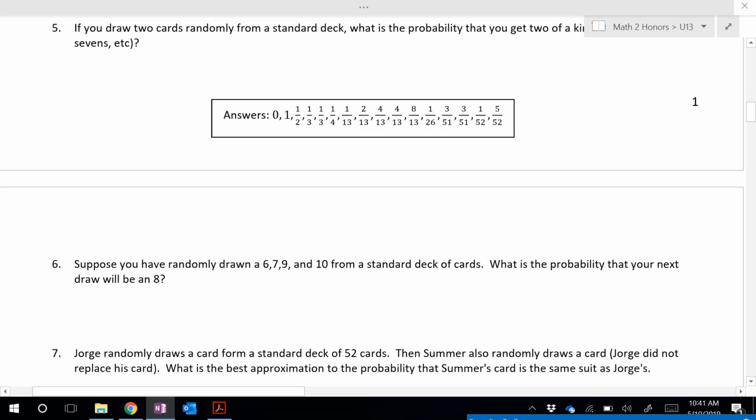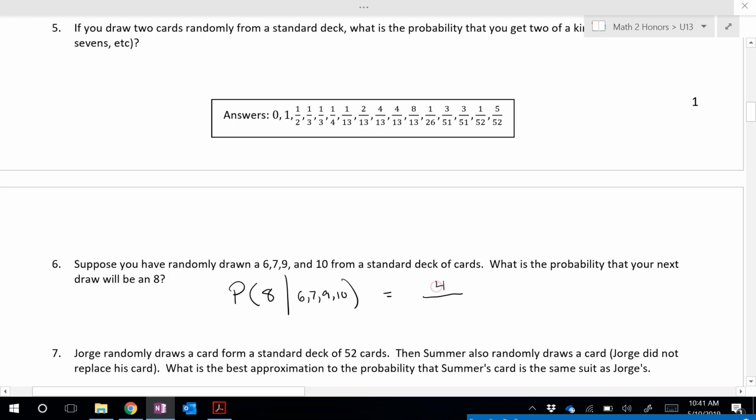Okay, so 6 is asking this. What's the probability I get an 8 given I already drew a 6, 7, 9, and a 10? So how many 8s are there?